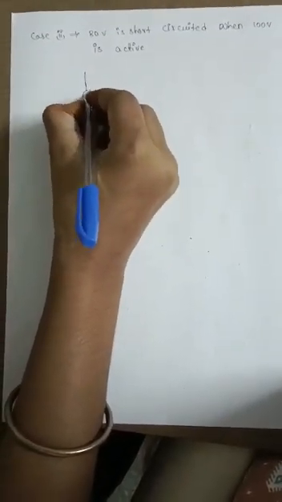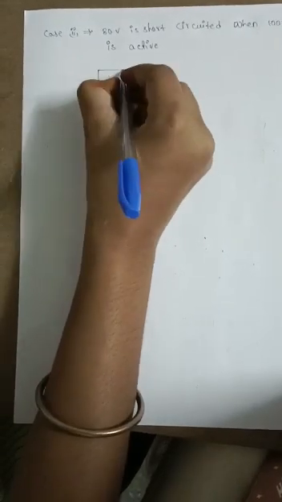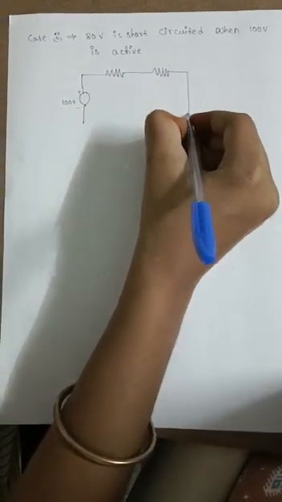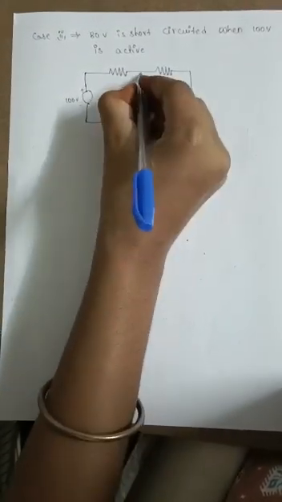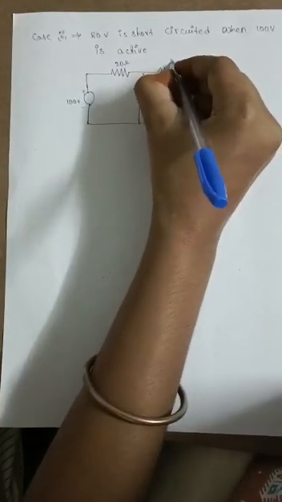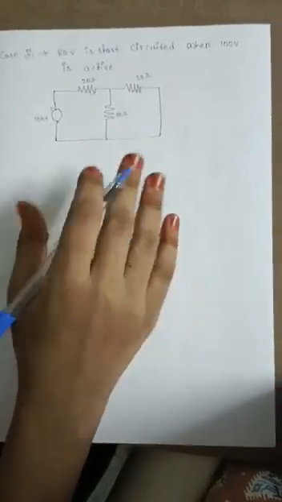What will be the circuit diagram? It is 100 volts, 20 ohms, 30 ohms and 10 ohms. It will be the circuit diagram.